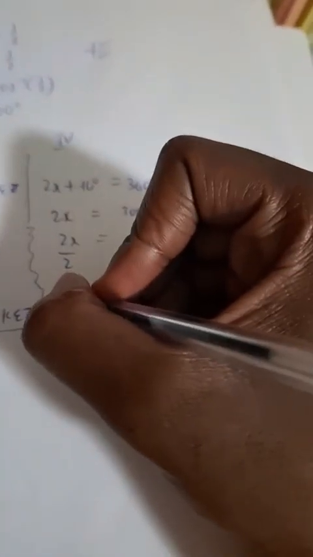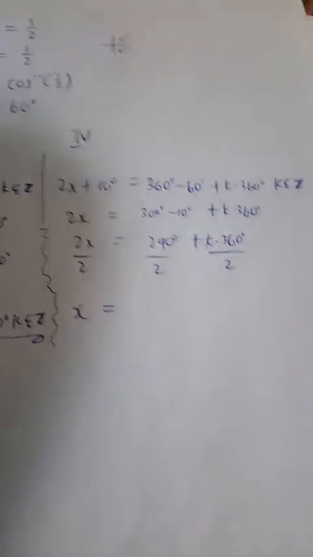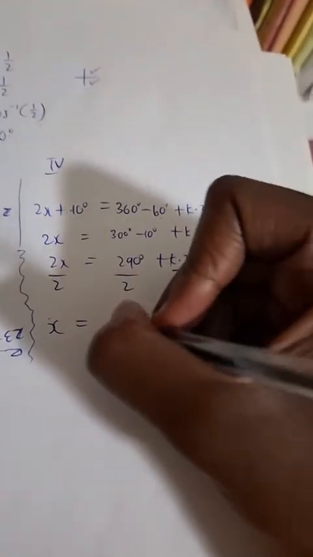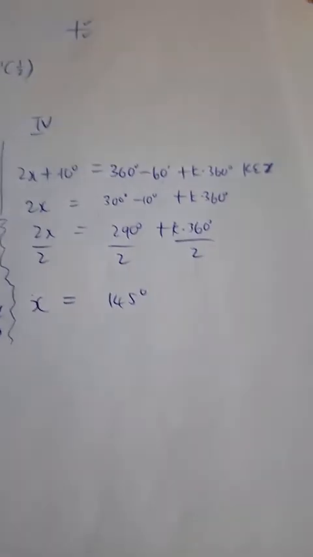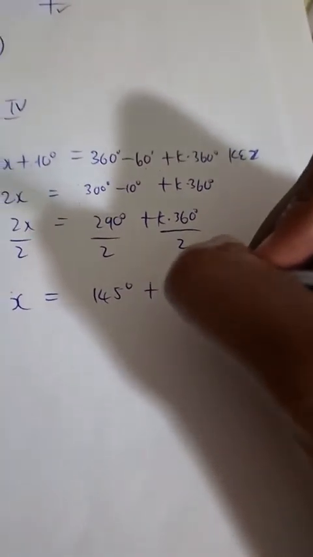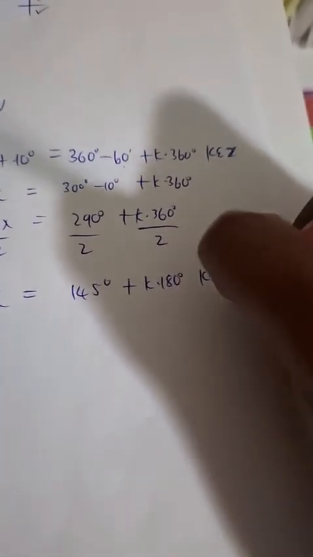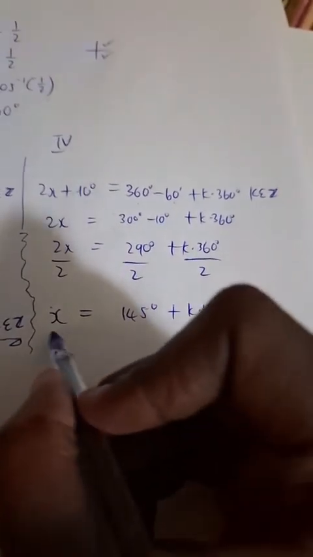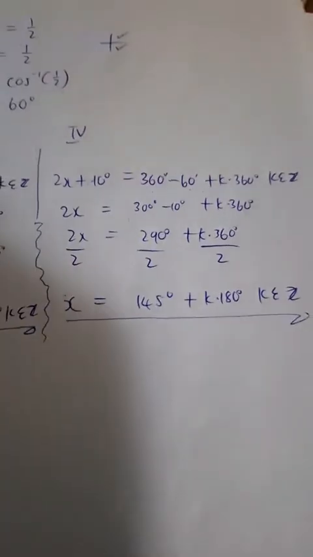We get x is equal to 145 plus k 180, where k is an element of the integers. Done.